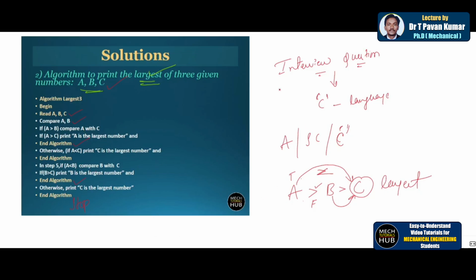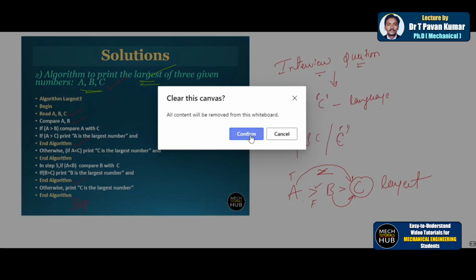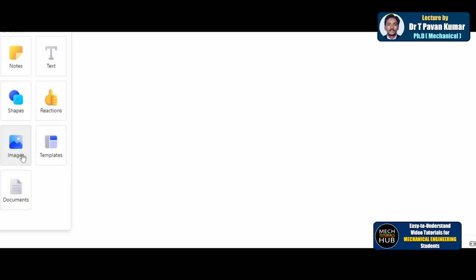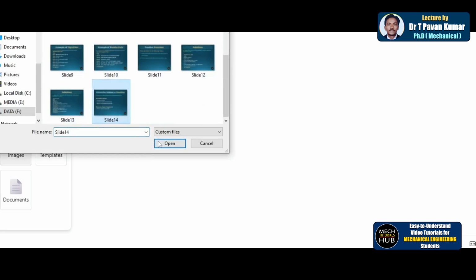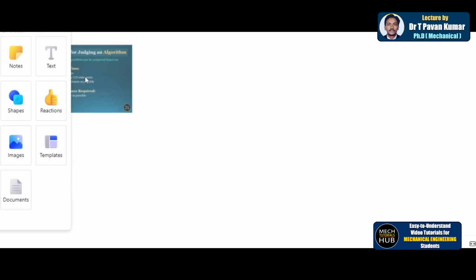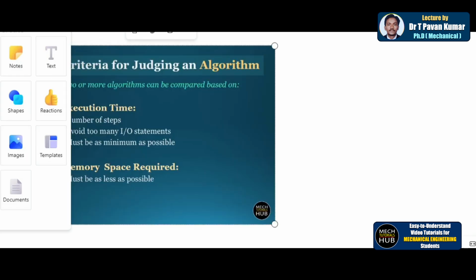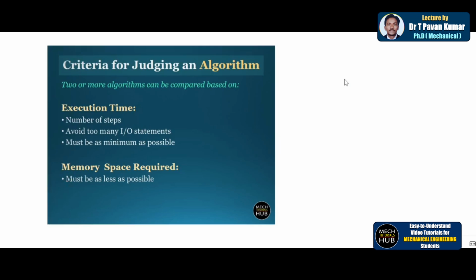All right, let me go to the next slide, which may be my last slide for you for this session. Now this is all about algorithm and pseudocode. I have given a small judgment here. Criteria for judging an algorithm: two or more algorithms can be compared based on execution time, that means number of steps.